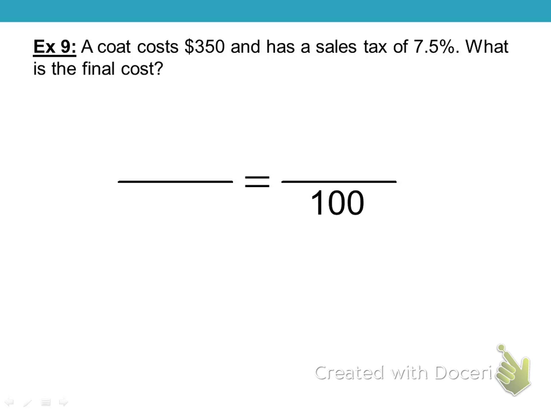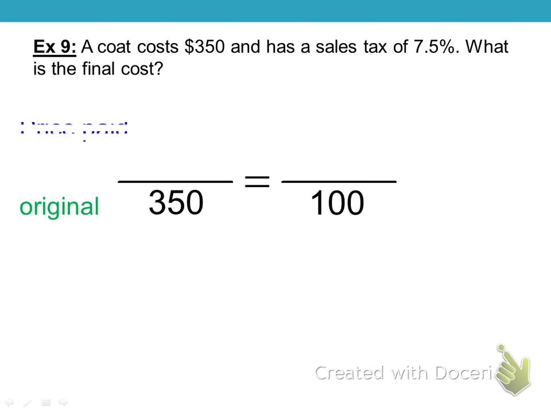So, again, there are different approaches. You can add and subtract things at different times. This is not the only way to do this, but I believe this to be the simplest way. So, the original price, we're locked in there, $350. Now, what am I asked to find? The final cost. So if I want this to be the final amount, then this should be the total that was paid in percent.